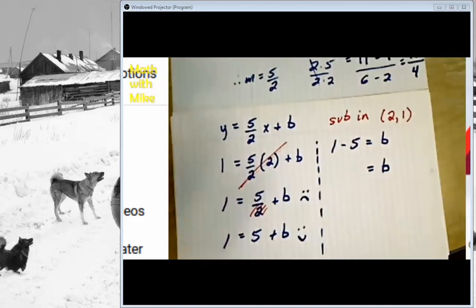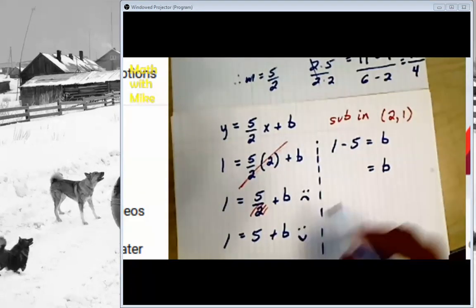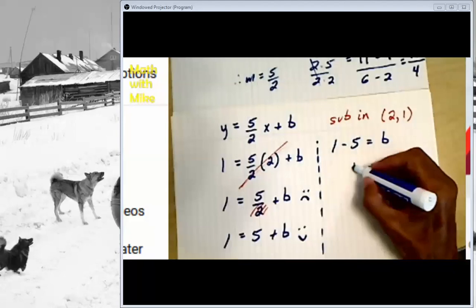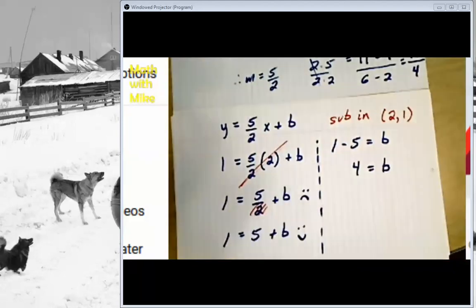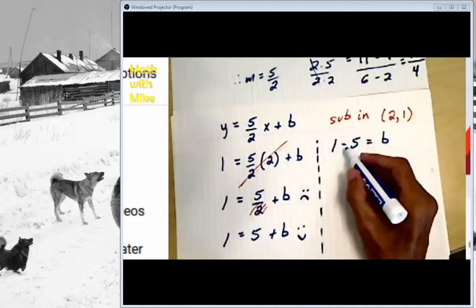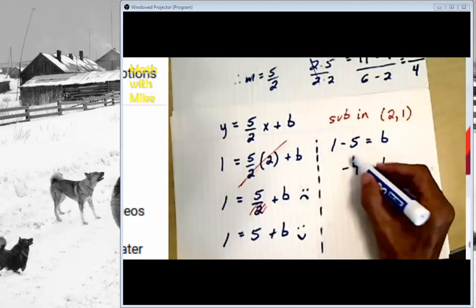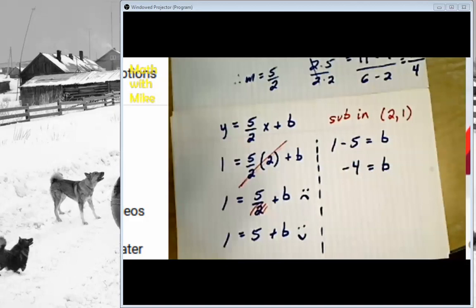What's our 1 minus 5 going to equal? 4 is part of it. Not finished, though. Yeah, because the minus is the bigger answer, right? The bigger number. Okay, so b is minus 4. So that's good now. That was our missing number that we needed to get inside of here.